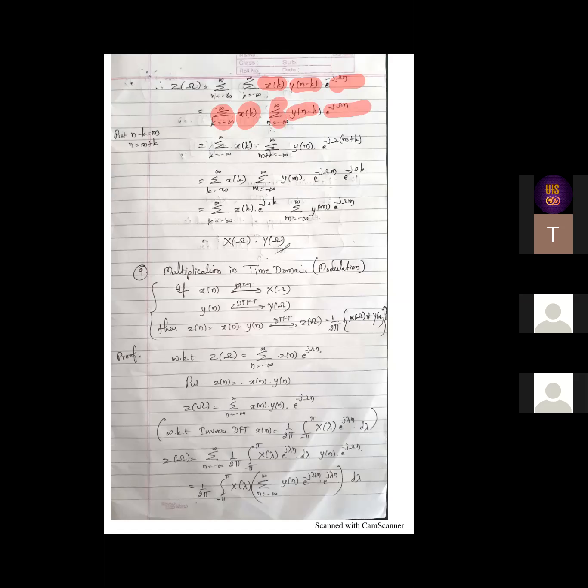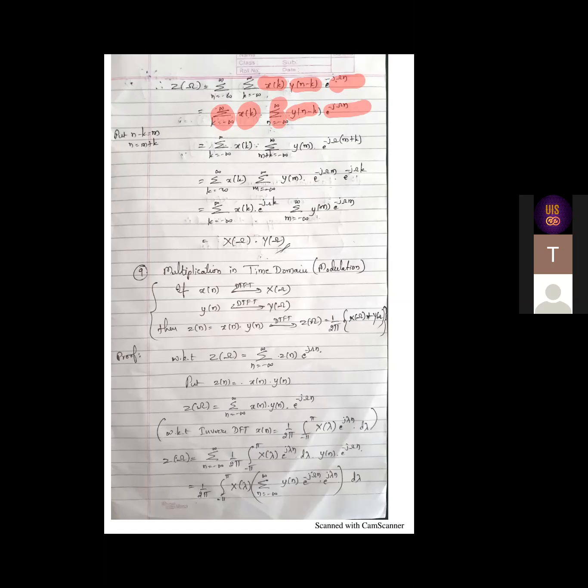So I will write two summations separately, one after the other within the same bracket. However, I will associate the summation for k with those signals which have the k variable, and similarly the summation for n with those signals which have the n variable.